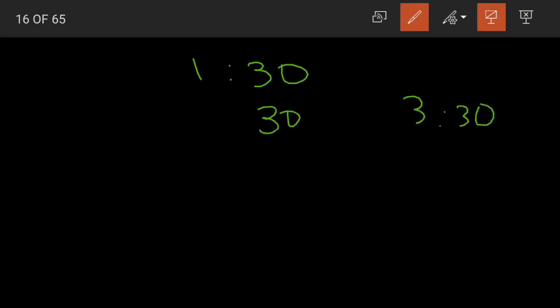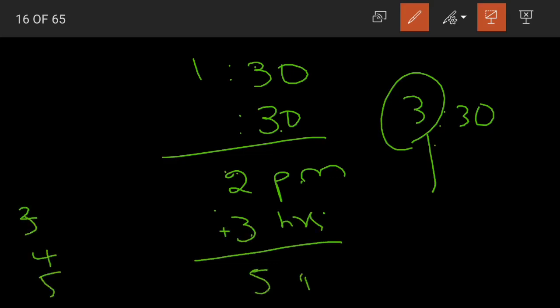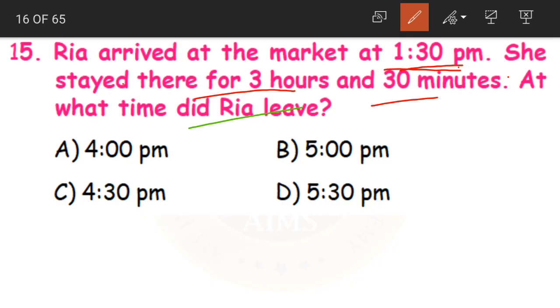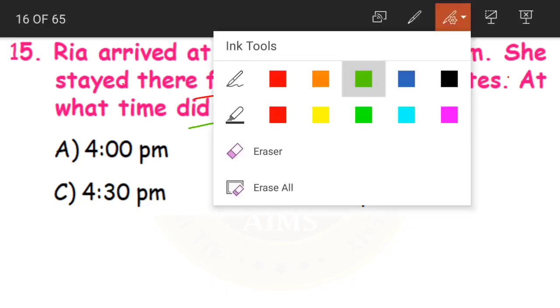So when we add 30 minutes to this, the time would be 2 p.m. Now for 2 p.m. again we need to add 3 more hours. So from 2 p.m. we have 3, 4, 5. So after waiting for 3 hours and 30 minutes, the time is 5 p.m. and at 5 p.m. Riya has left. So option B, 5 p.m. becomes our correct answer. Okay.